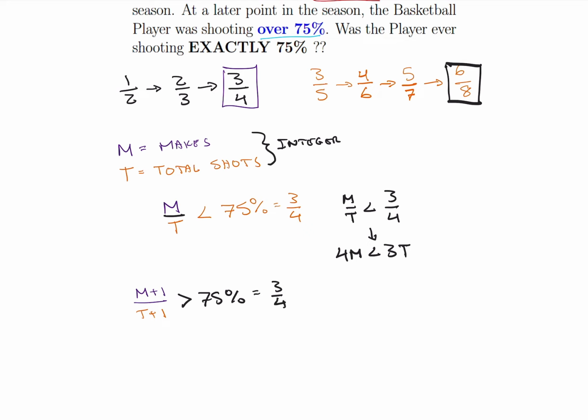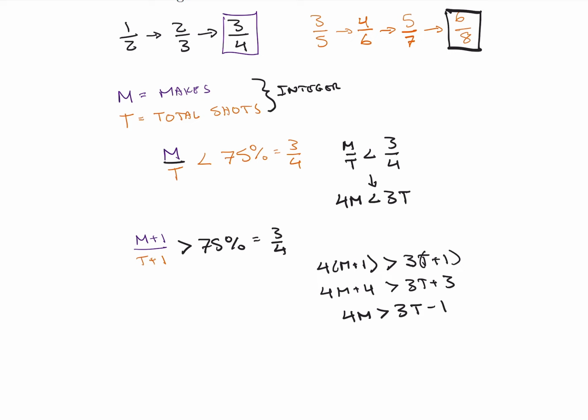So what am I saying here? That means that 4 times M plus 1 is greater than 3 times T plus 1. And I can go ahead and distribute that. We get 4M plus 4 is greater than 3T plus 3. And I can write that as 4M is greater than 3T minus 1. But we have something interesting here. I have 4M here, and I have 4M here.